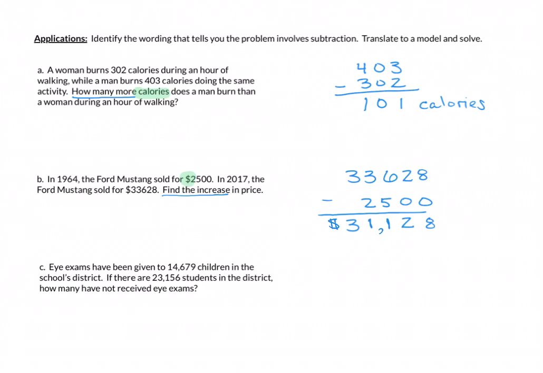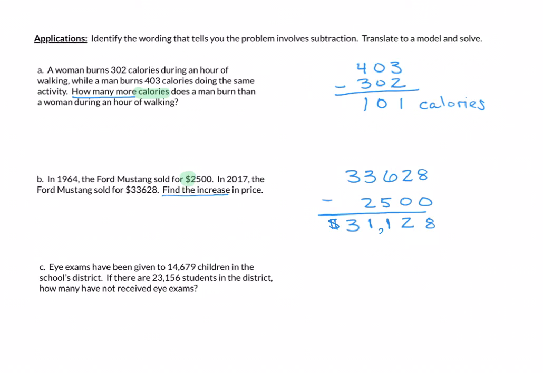Okay, for example C, we have eye exams have been given to 14,679 children in the school's district. If there are 23,156 students in the district, how many have not received eye exams?